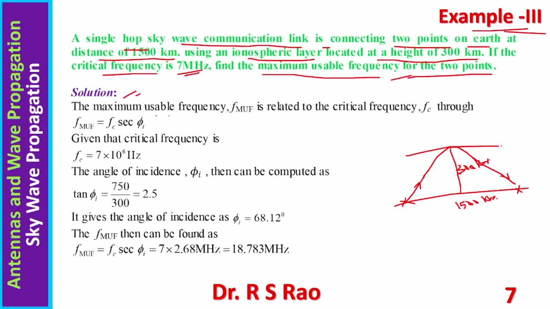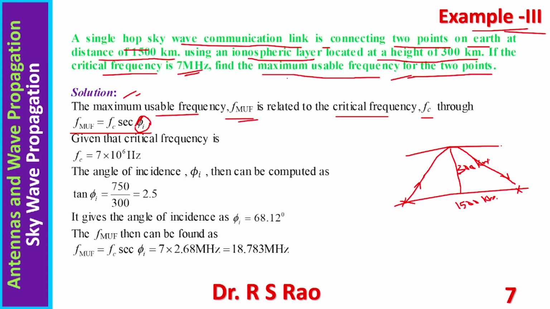Solution. Maximum usable frequency f_MUF is related to critical frequency f_c through a relation. That relation is given here as maximum usable frequency is equal to critical frequency multiplied by secant phi i. Phi i is angle of incidence.